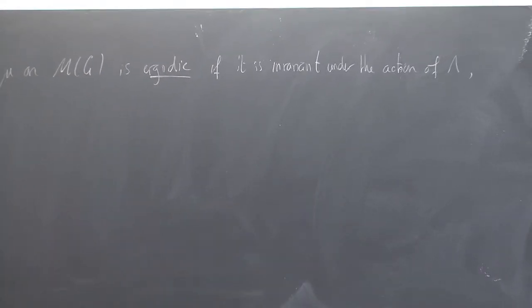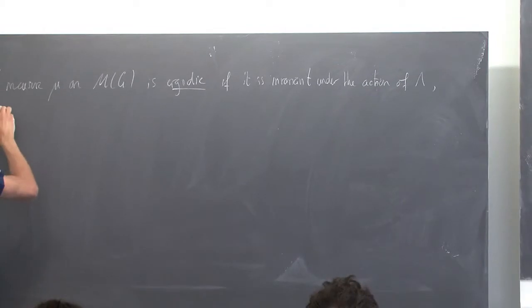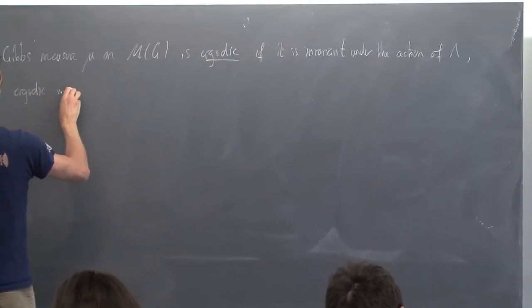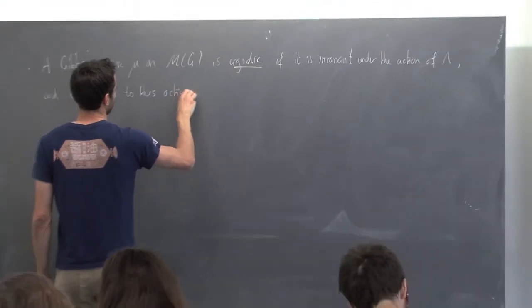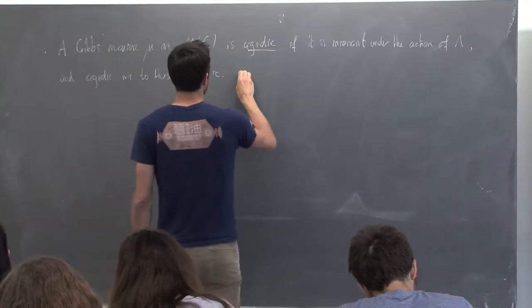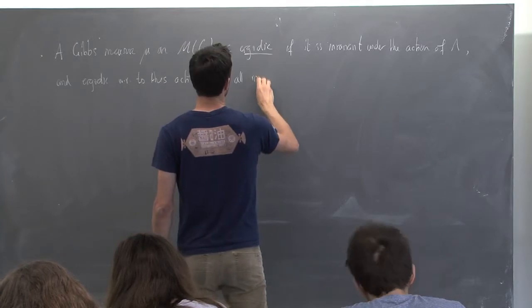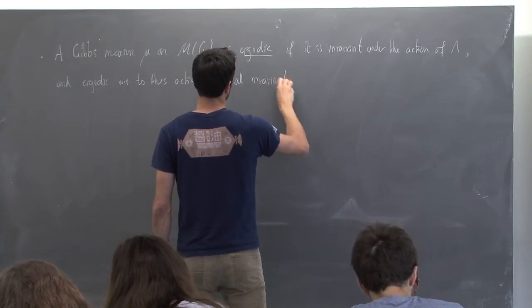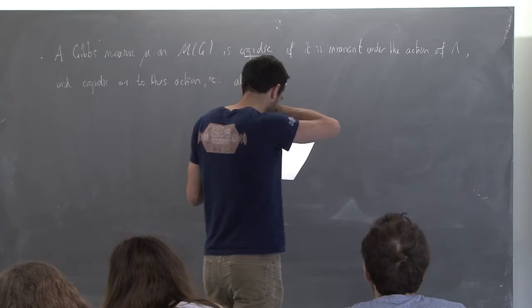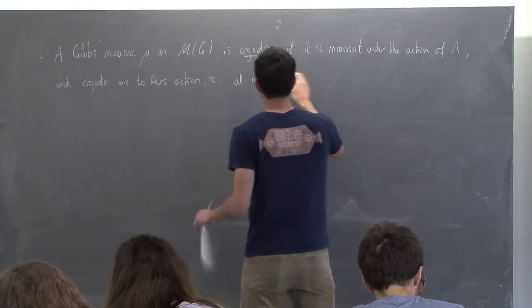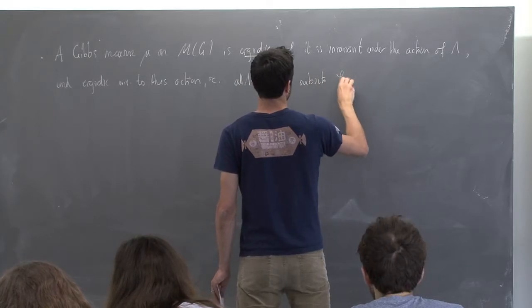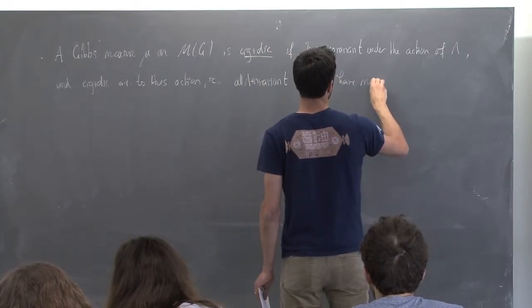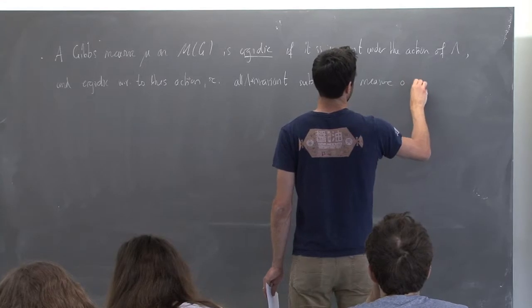And ergodic with respect to this action means all invariant subsets, so all lambda invariant subsets, have measure 0 or 1.